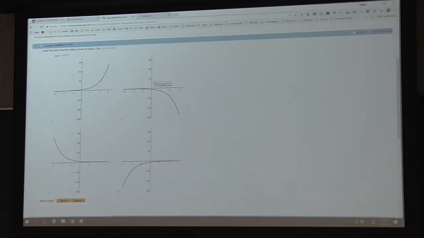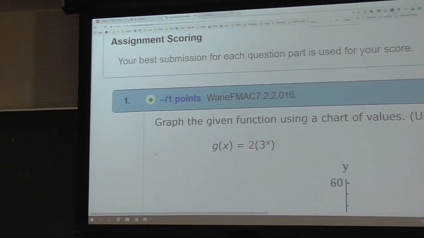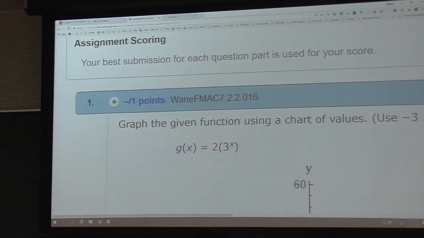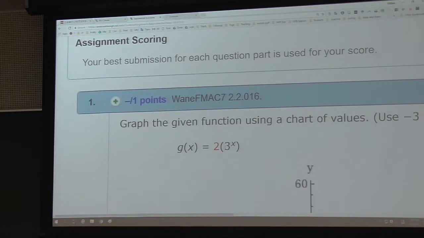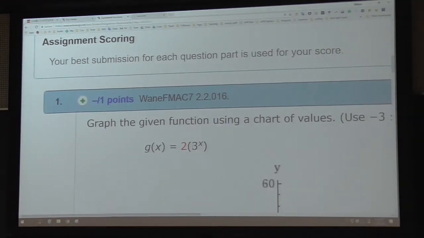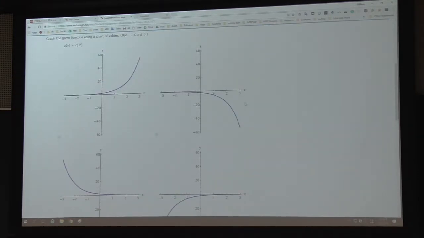A, B, C, D. And the question is, well, I can't show you the question and the answers very clearly at the same time. This is the question. It's 2 times 3 to the x, and then I'll show you the answers. Okay? A, B, C, D.